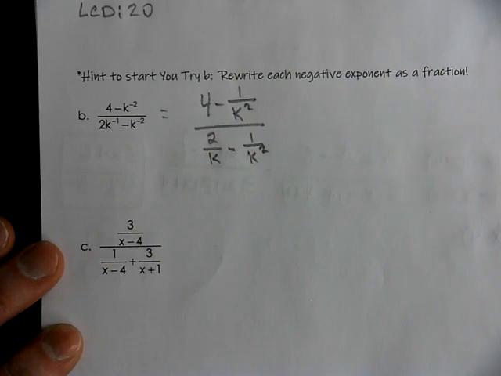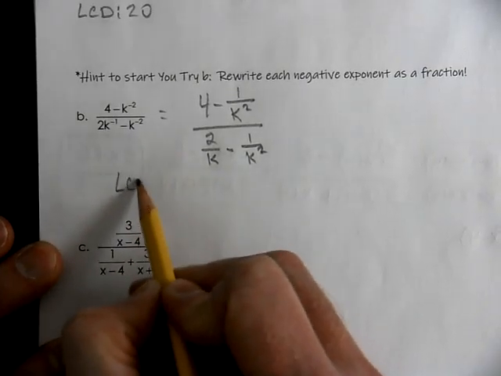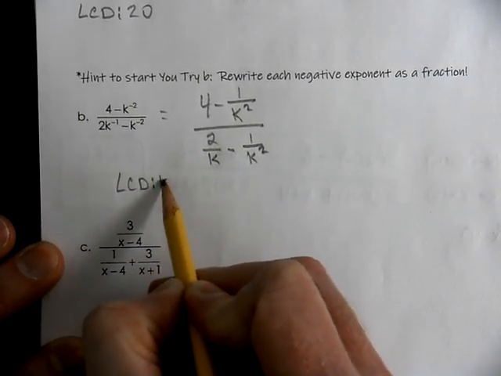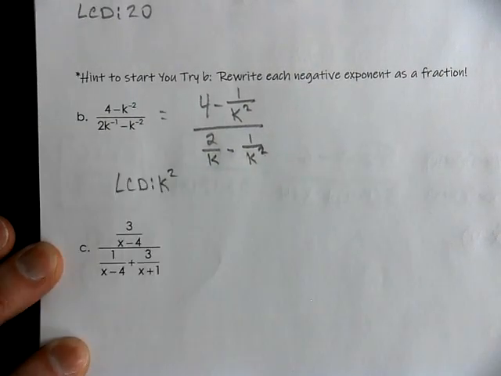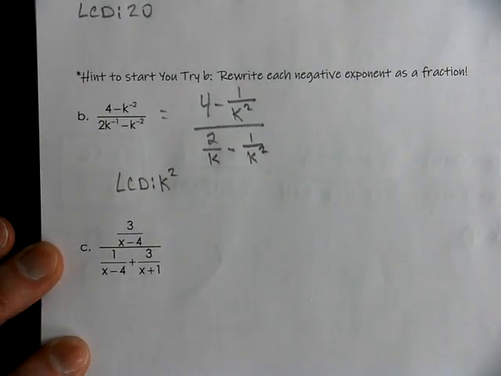So what is my LCD going to be? Will it be just K, or will it be K squared? It's got to be K squared, right?